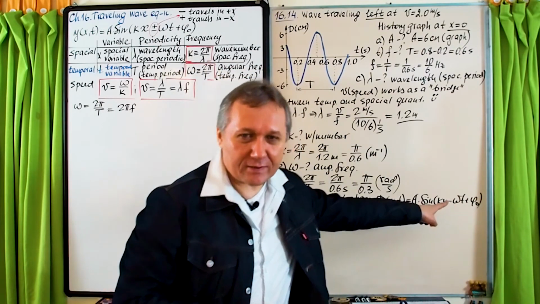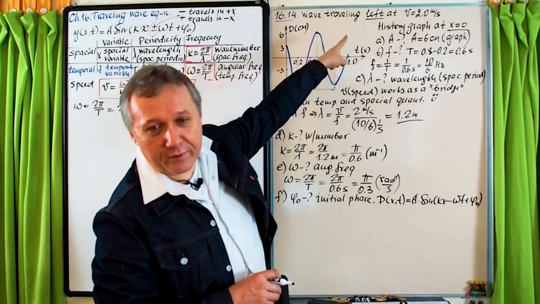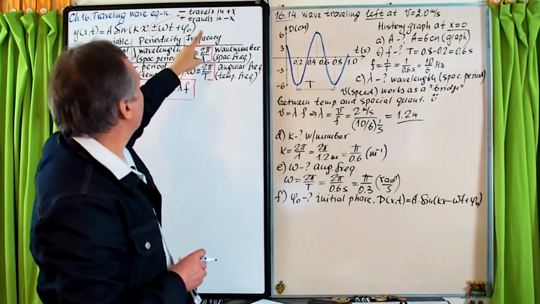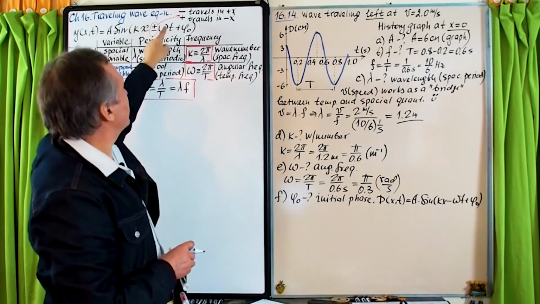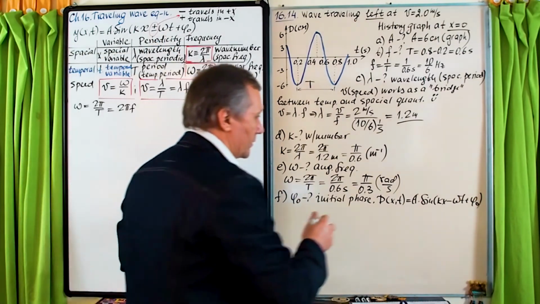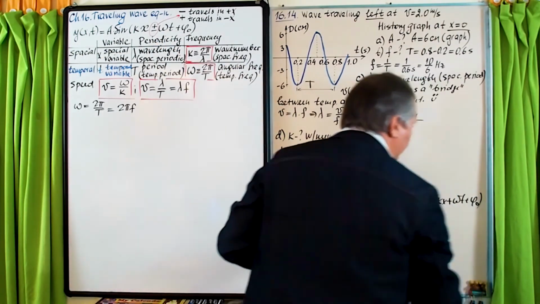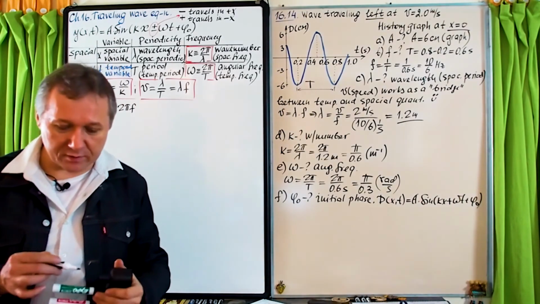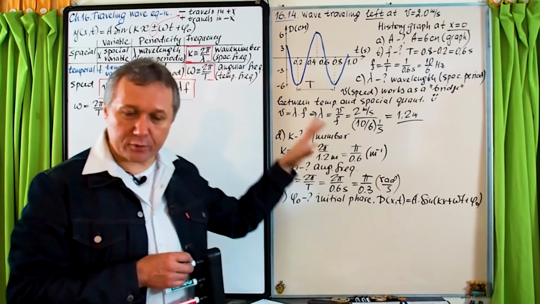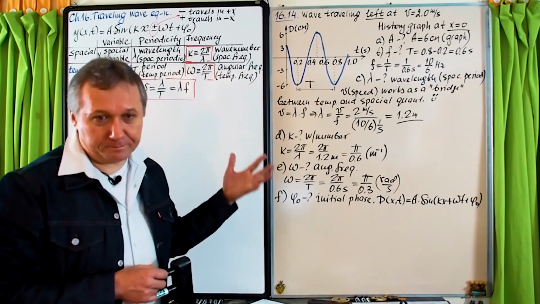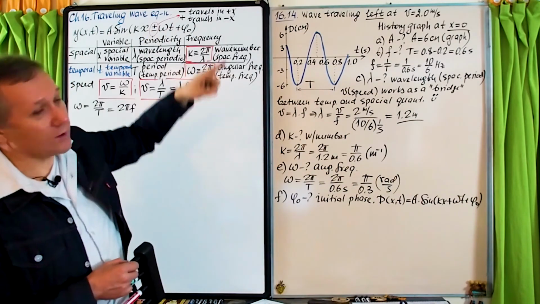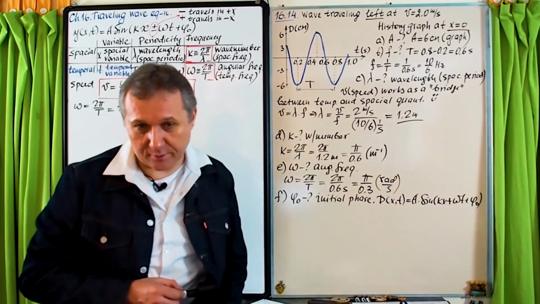Because the problem says the wave is traveling to the left, the negative x direction. In order to get the negative x direction, these two terms must be positive. So plus. Be careful, it's a common place for mistakes. Read the problem carefully, and of course you need to remember: if you have plus, it's the negative x direction. If you have minus, the wave propagates in the positive x direction.